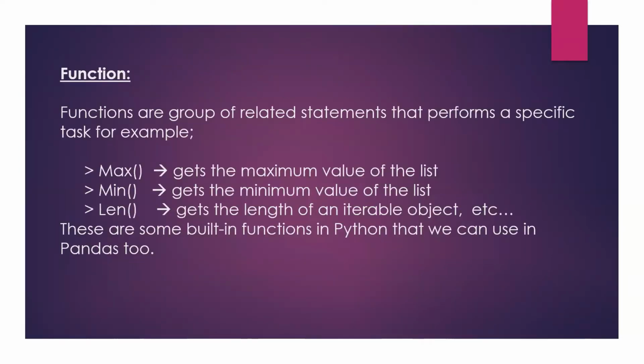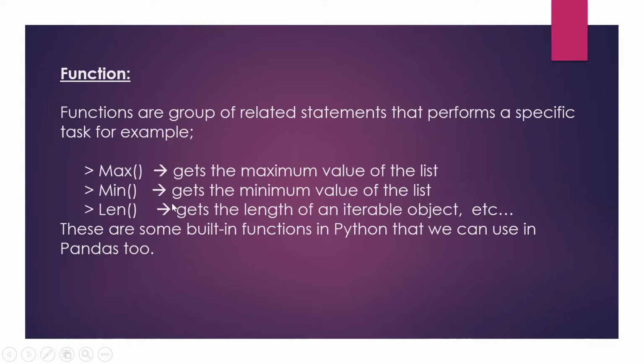Then functions: max function, min function, len function. The max and min functions are usually applied to integers, but when applied to our data frame, instead of showing the maximum and minimum value, the min function shows the name of the first column head, and the max function shows the name of the last column head.